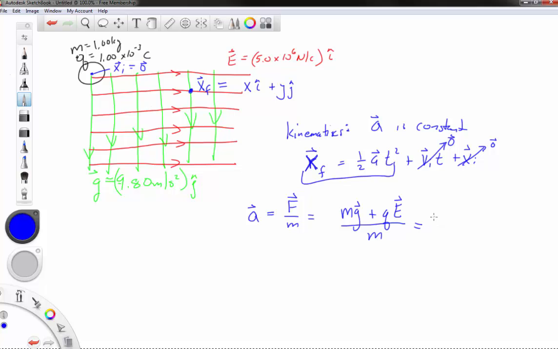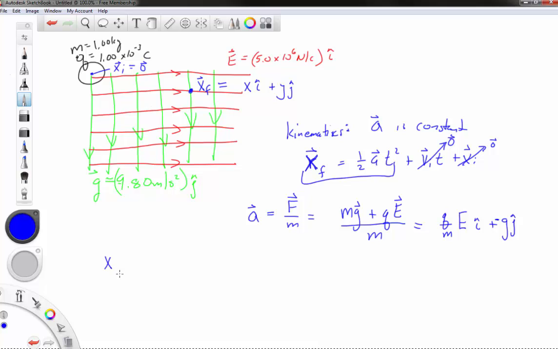And so in vector form, what this looks like is q over m times E in the i hat direction. And m over m cancels, so we're left with g in the negative j hat direction, so negative g j hat.